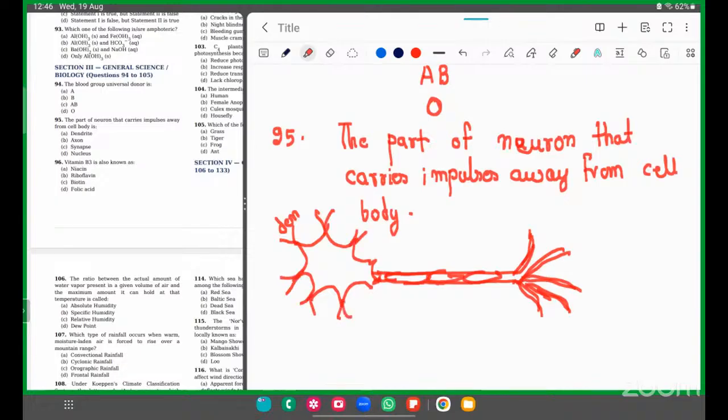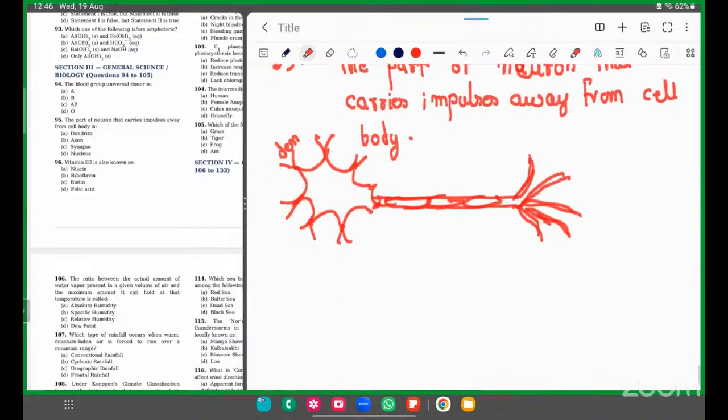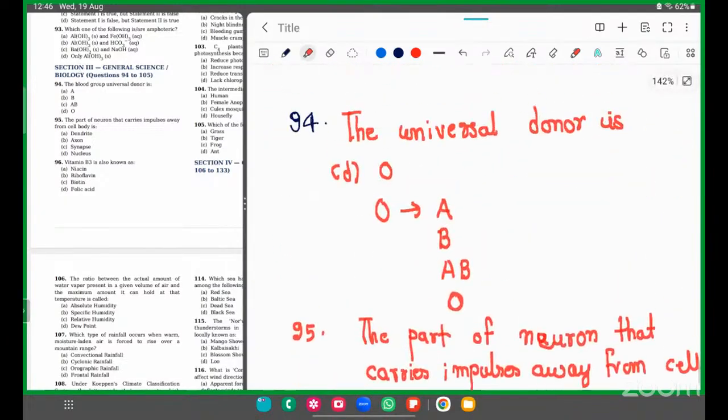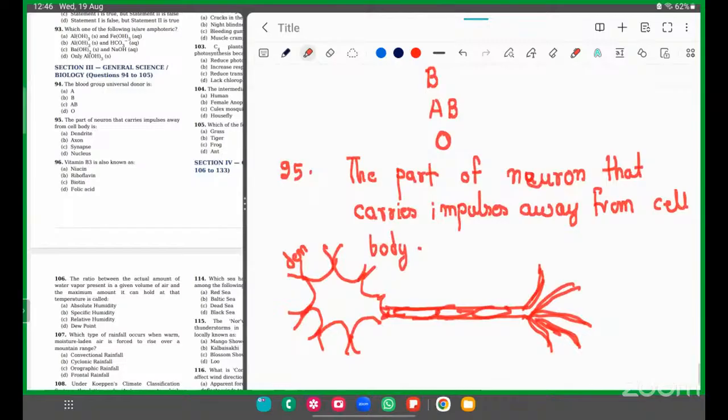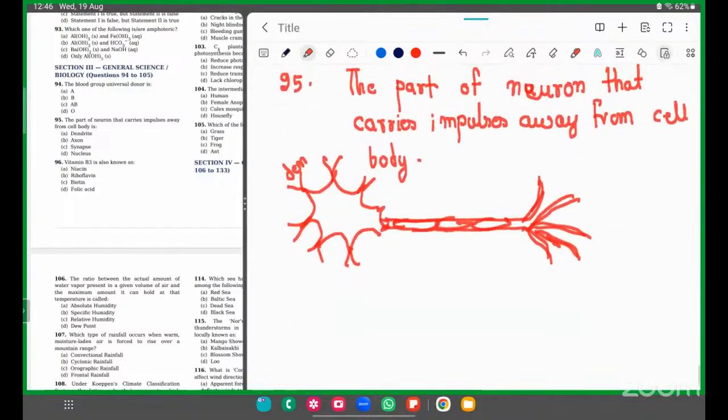These dendrites help in transfer of the message. So we can say the correct answer is A, dendrite.